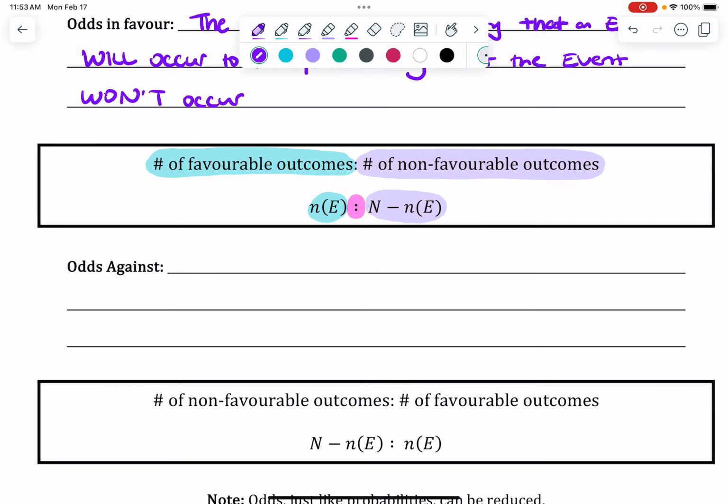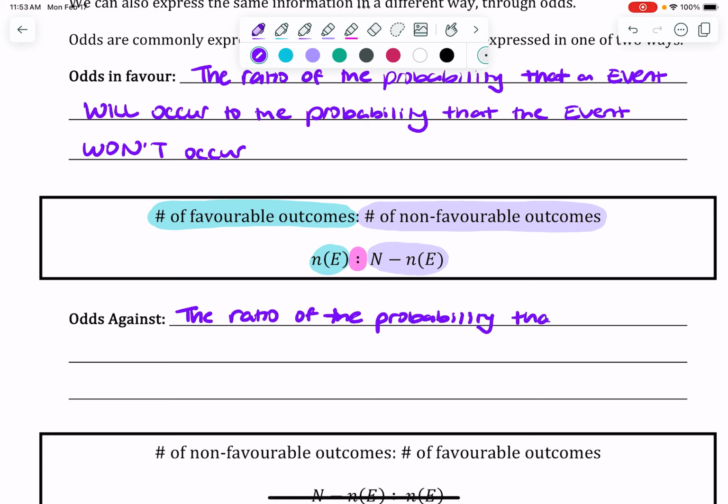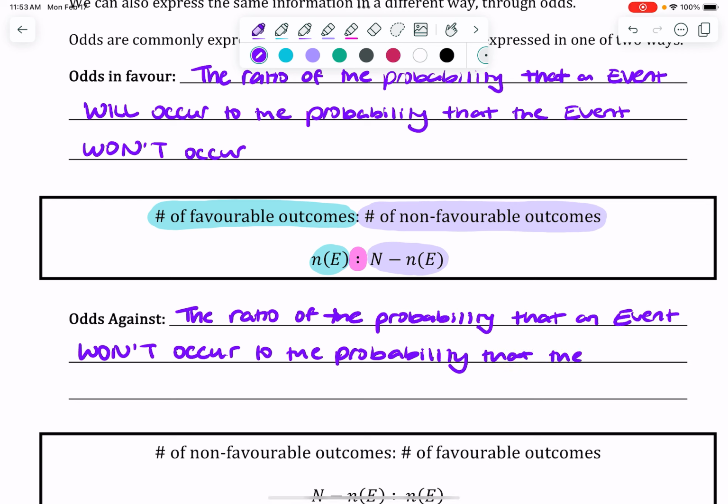Now, that order is specific to odds in favor, but that order is reversed when we talk about odds against. So the odds against is the ratio of the probability that an event won't occur to the probability that the event will occur.